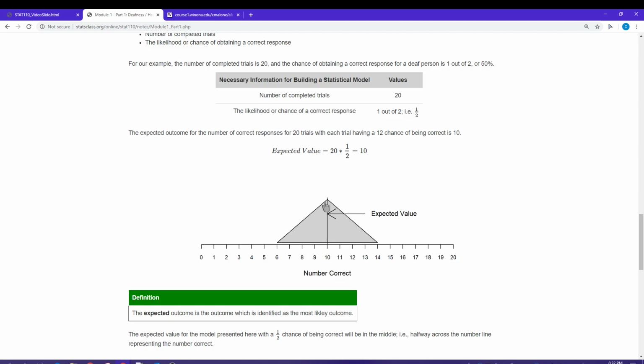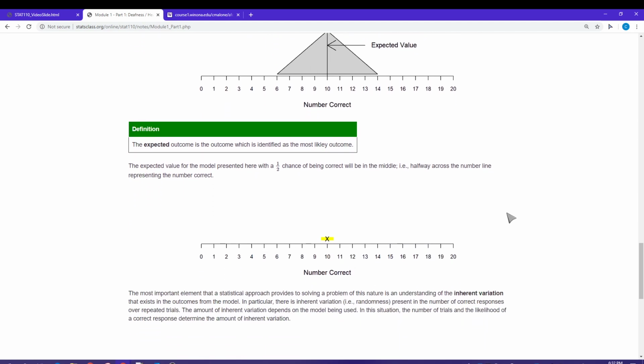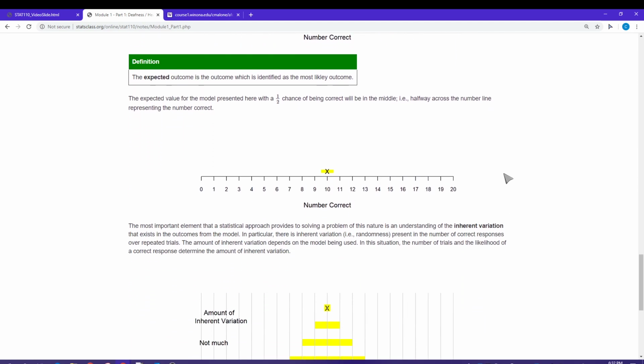So the expected value here is going to be the most likely value for a deaf person. The expected value for a simulation model presented here with a one-half chance of being correct is going to be halfway across that number line. So right here at 10.